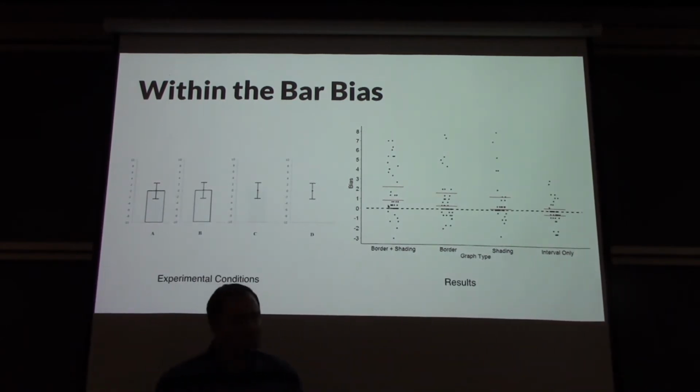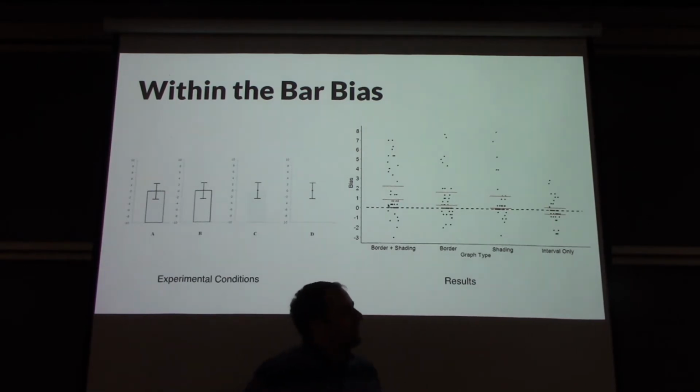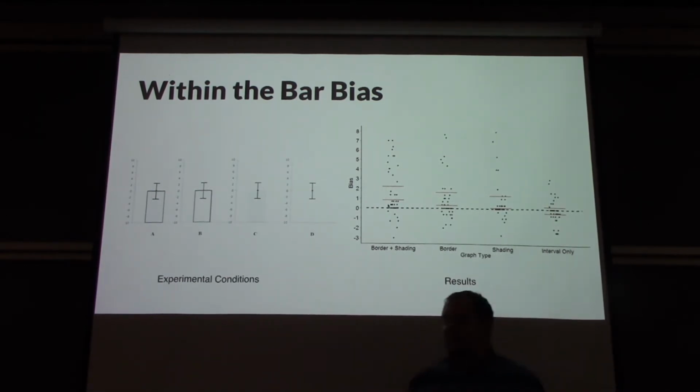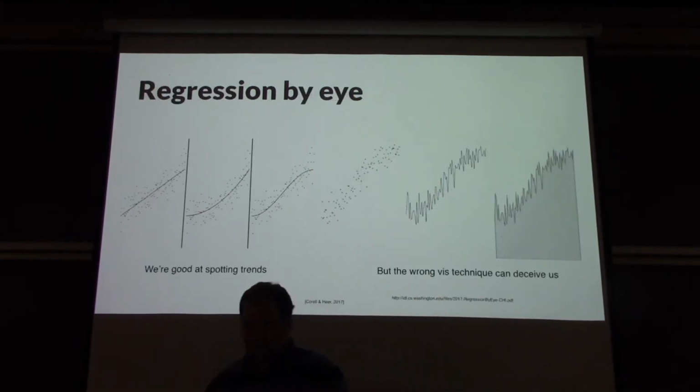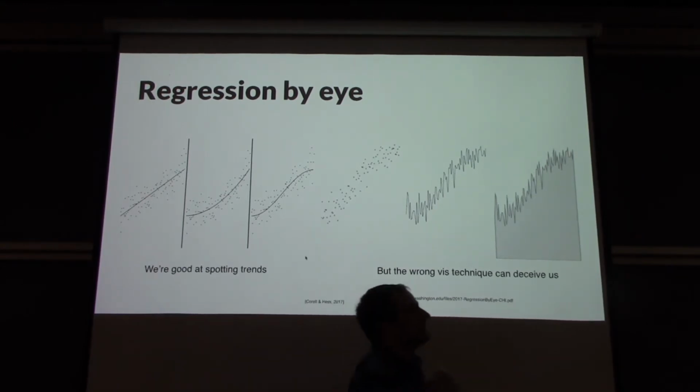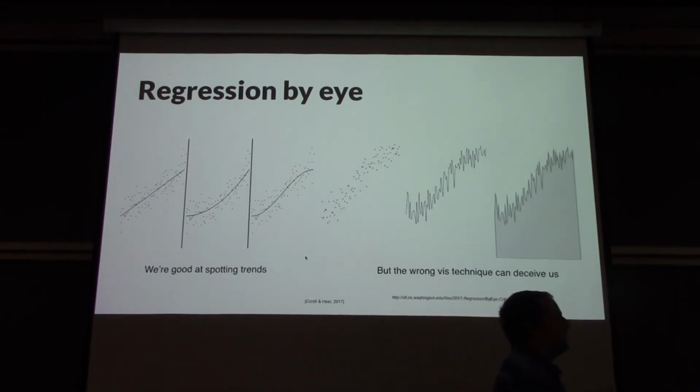And that doesn't only apply for bar charts or for showing distributions, but it also applies if you want to plot something like a trend line. Here is a paper by Michael Correll and Jeff Heer that actually discusses the human ability to do regression by eye.